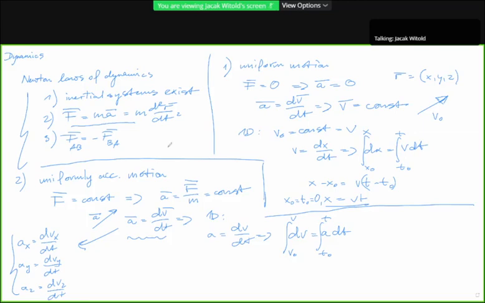Now, to be sure that we know what we are talking about here is this second law of Newtonian dynamics. The first one was that inertial systems exist, which is quite problematic because we mentioned that normally we can't really find any system that is under no acceleration, right?